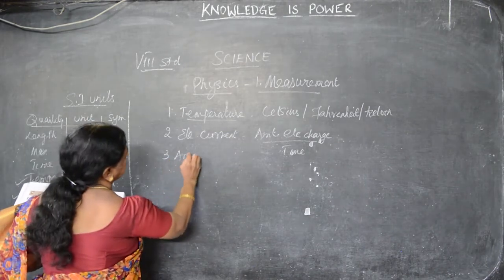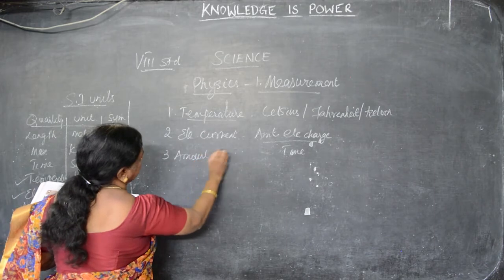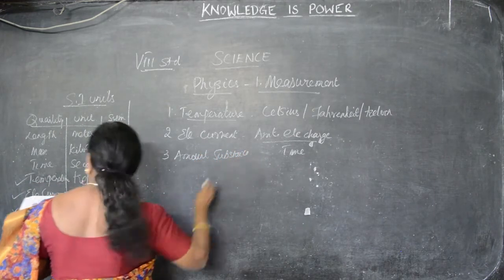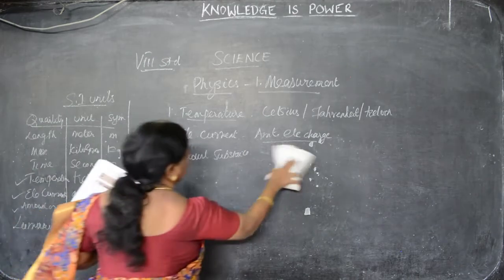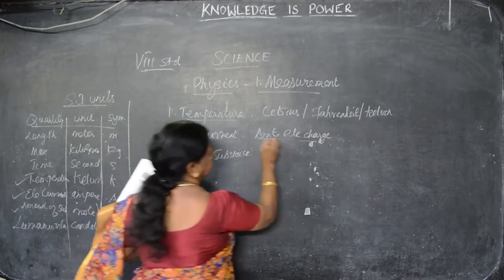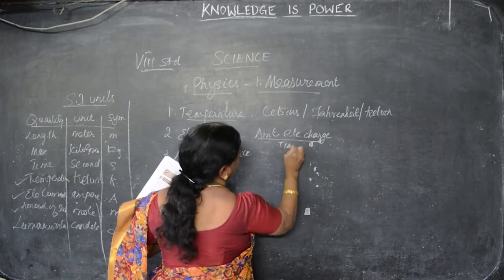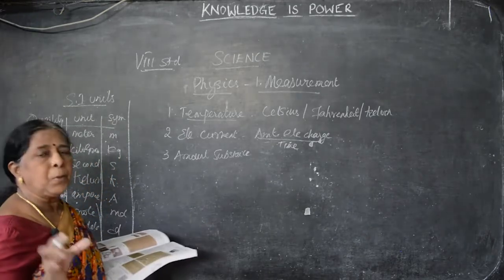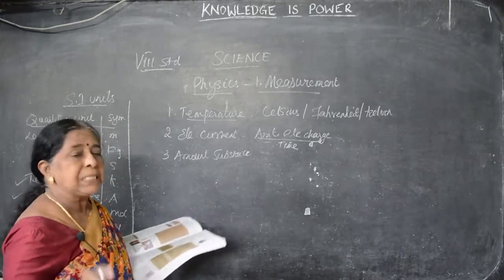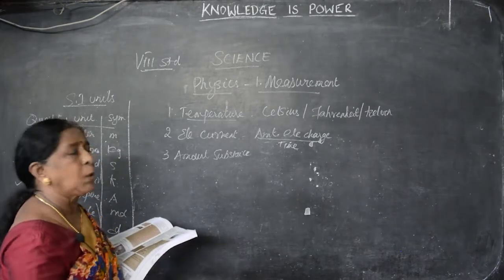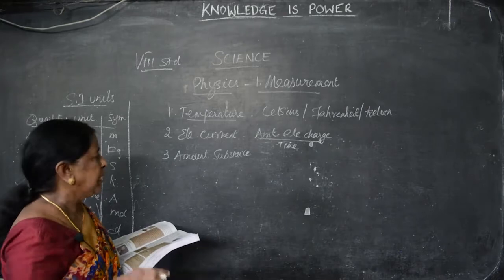We have seen temperature and electric current. Next one is amount of substance. Substance is a measure of the number of entities, that is, how much of a thing is present, how many atoms, how many molecules, whatever it may be.